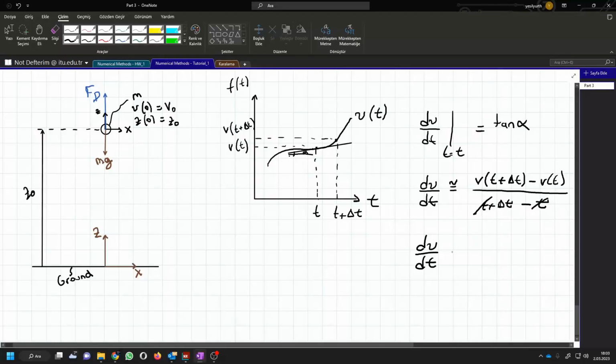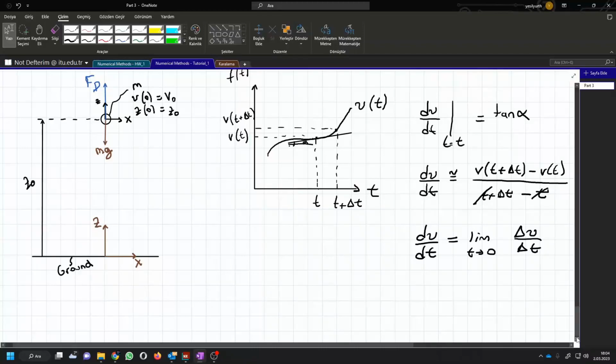I can write this like this also. This derivative will be the limit as delta t goes to 0 of delta v over delta t, where delta v will be equal to v(t plus delta t) minus v(t).